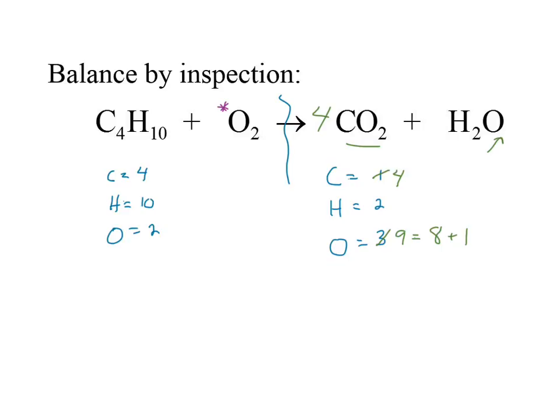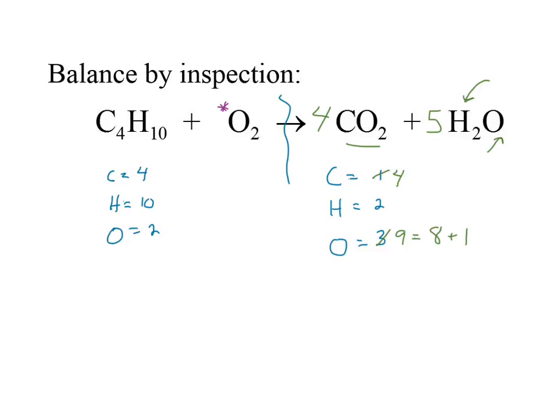All right. So let's go ahead and fix the hydrogens. So it looks like I've got 10 here on the reactant side. To get 10 on the product side, how can I get 10 on the product side? How do I get 10 hydrogens? If I put a 5 in front of there, yep.